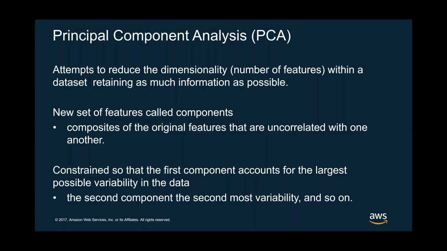It will cluster them in such a way that they will begin to combine those features into combined components, where the largest possible variability becomes your first component, the second most becomes your second component, and so on. I have seen some data sets with literally thousands of features, thousands of columns.